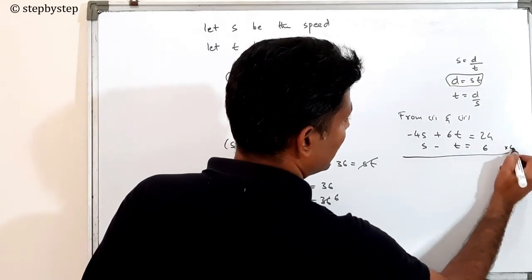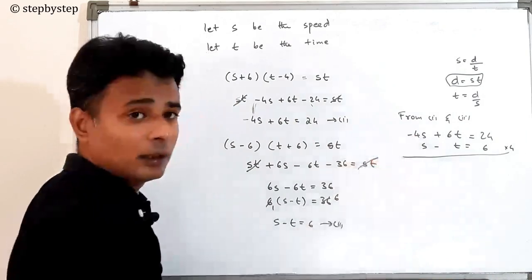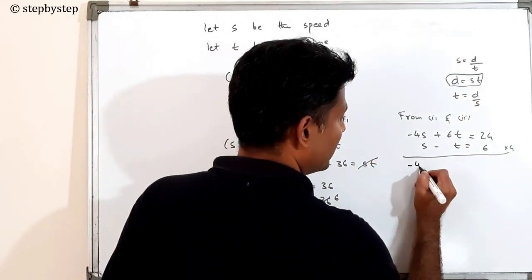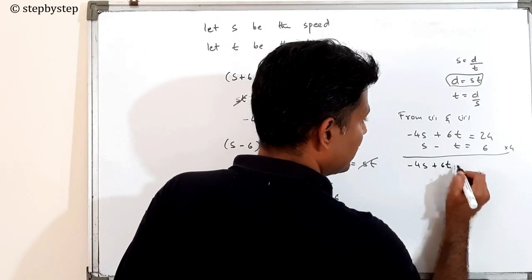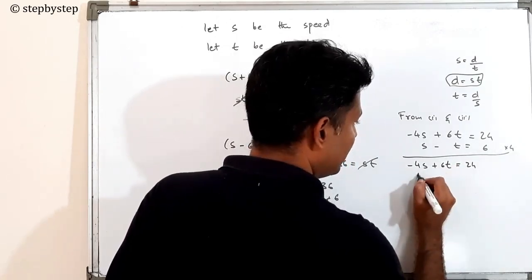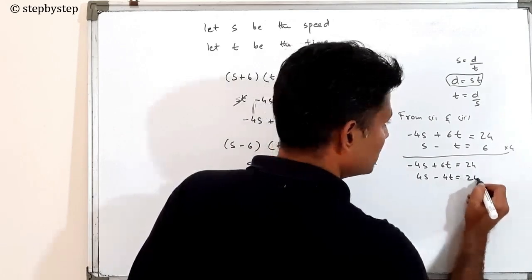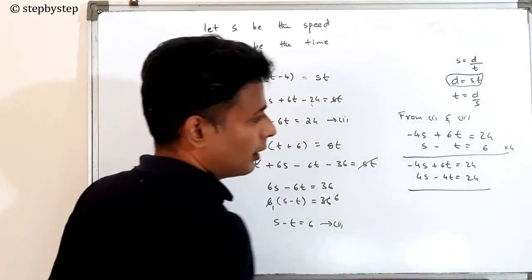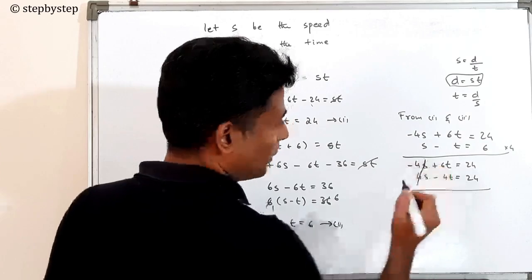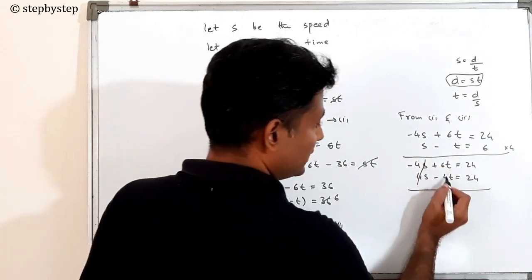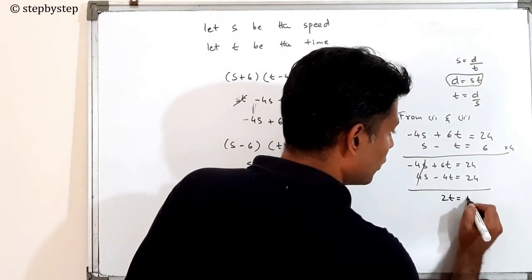I'll just multiply this equation by 4 to make S equal. So I get minus 4S plus 6T equals 24, and I get 4S minus 4T equals 24. I'll add: minus 4S plus 4S is 0, 6T minus 4T is 2T equals 48.